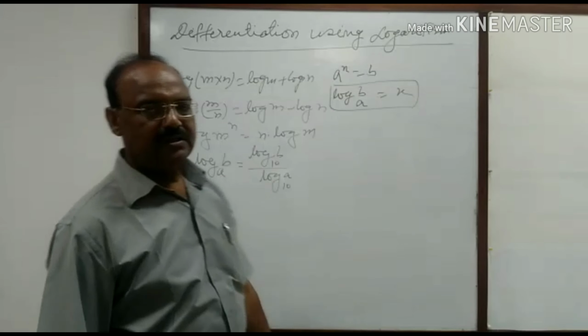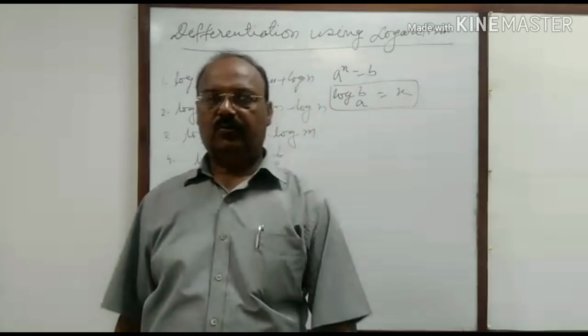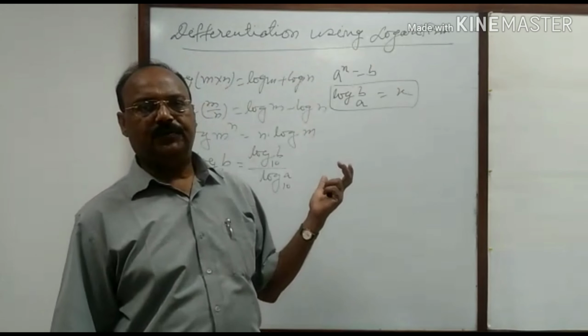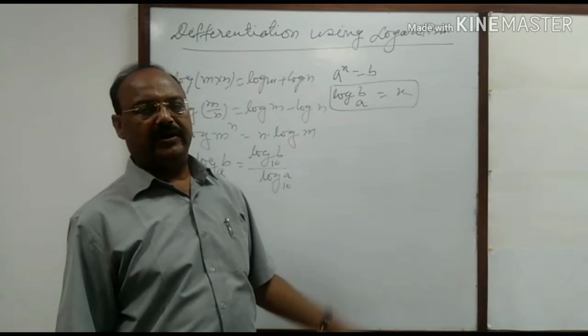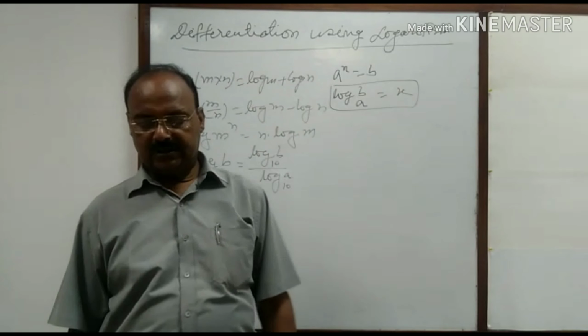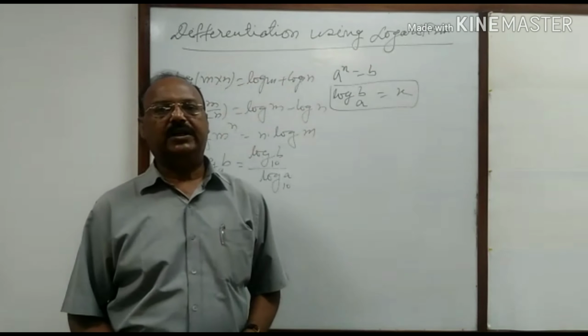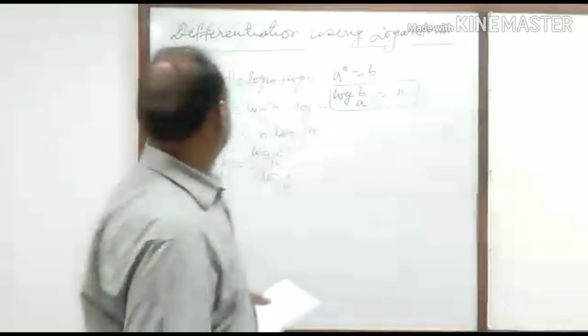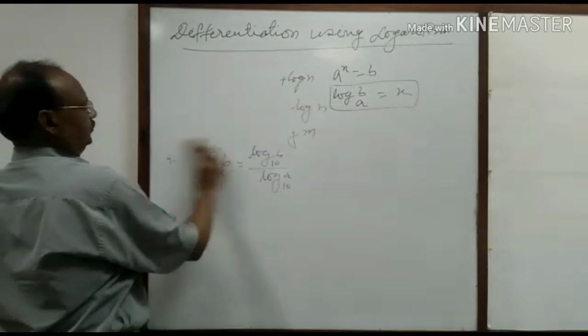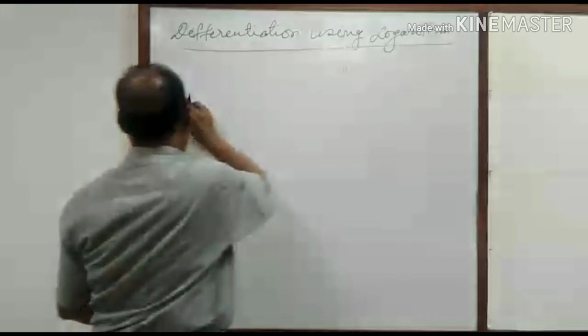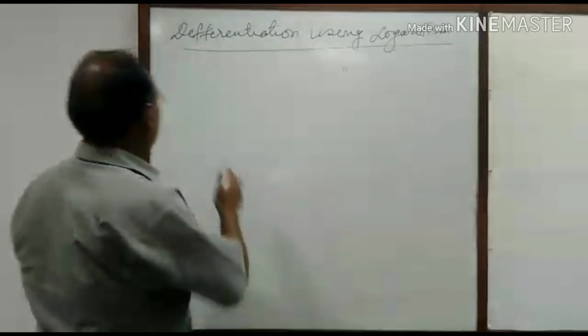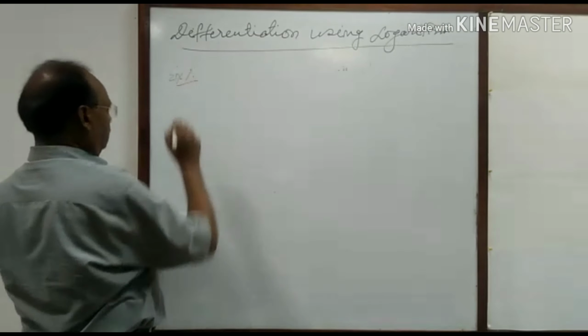So these are some very simple and basic formulas on logarithm which will be used in the exercises that we are going to discuss now. So let us see some exercises. Our concept will be clearer now. First question.